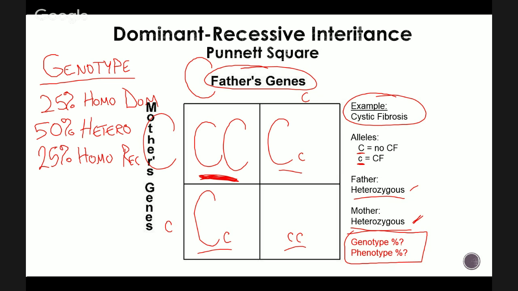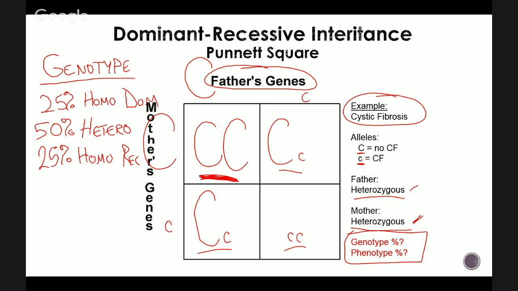So if these two parents have an offspring, there is a 25% chance that the child will inherit the homozygous dominant allele pattern, a 50% chance that the child will have the heterozygous genetic coding just like the parents, and 25% would be homozygous recessive.